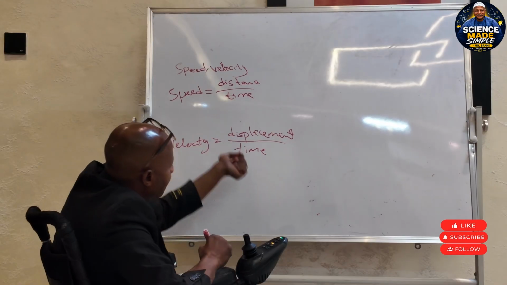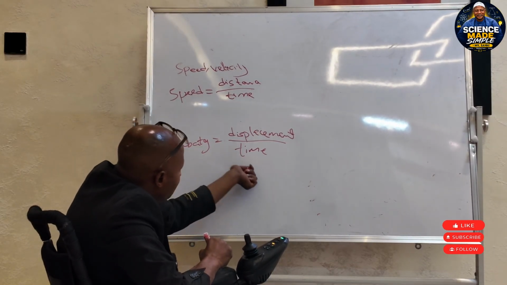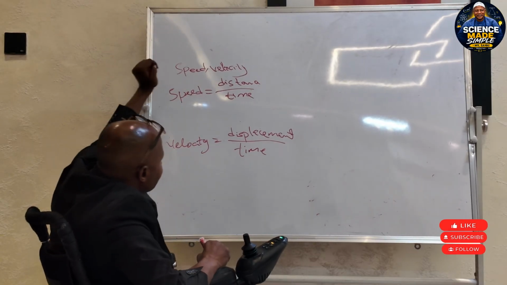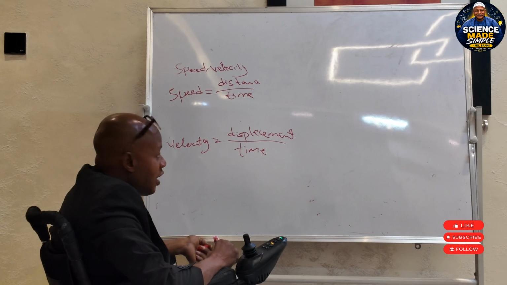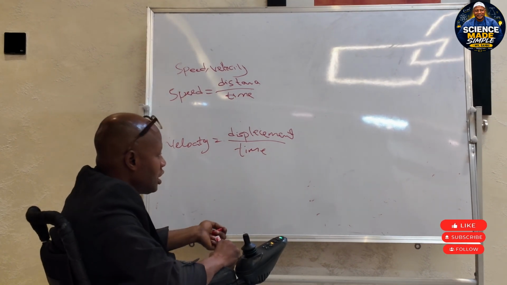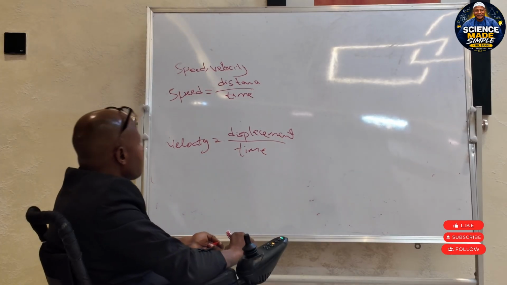Speed is distance with time. The velocity is displacement with time. Speed and distance are scalar quantities. Velocity and displacement are vector quantities because they have both magnitude and direction.